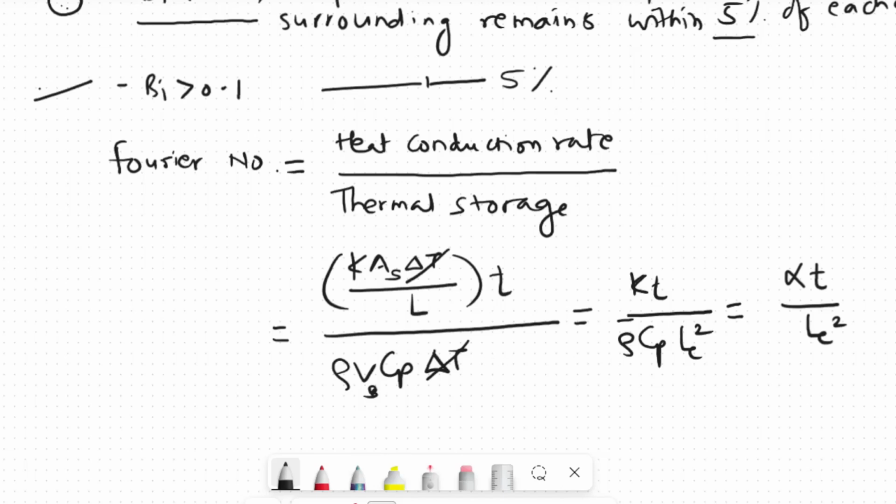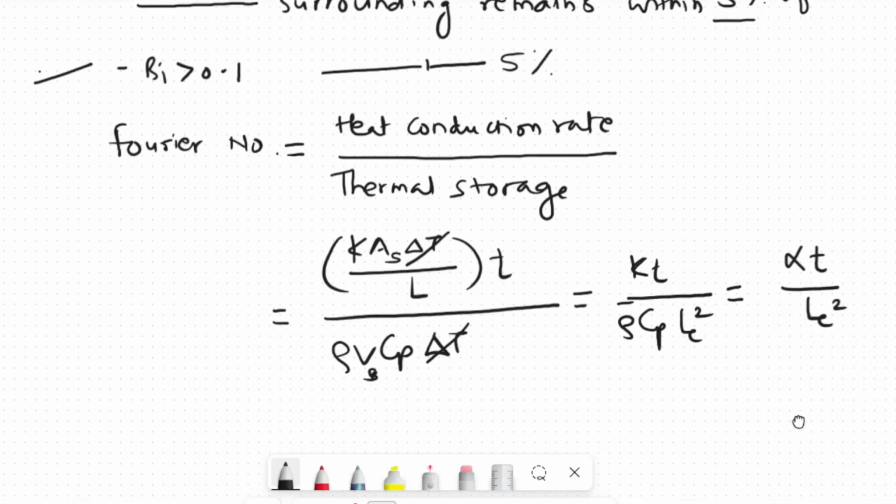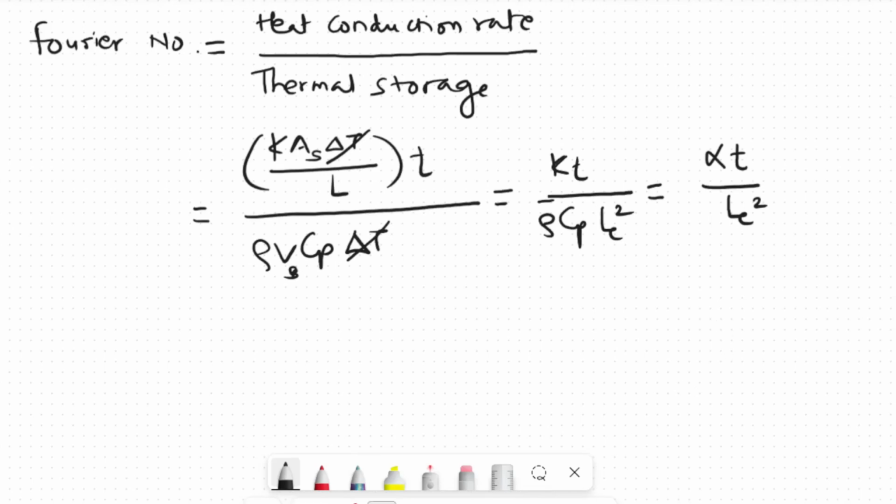Now why is this Fourier number very important? It is the measure of heat conducted through the body relative to the heat stored. If the value of the Fourier number is more, it means that the heat is moving fast through the body, or the propagation of heat is faster as compared to the heat which is stored.